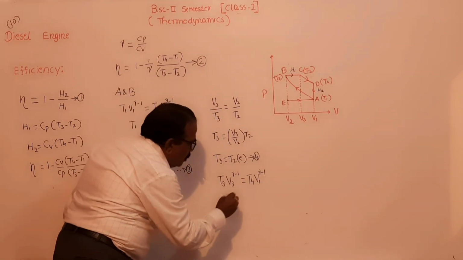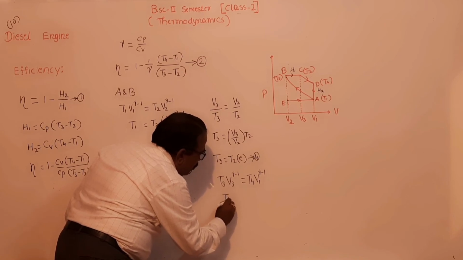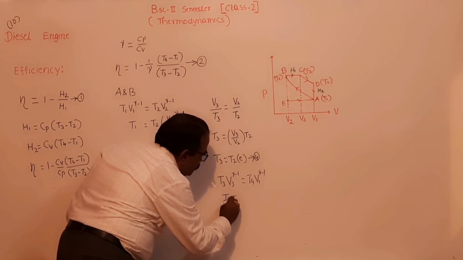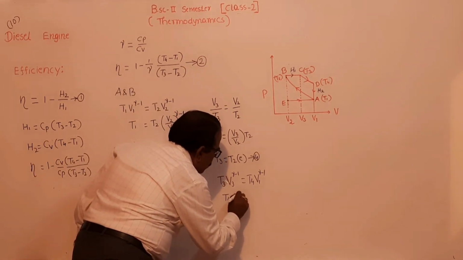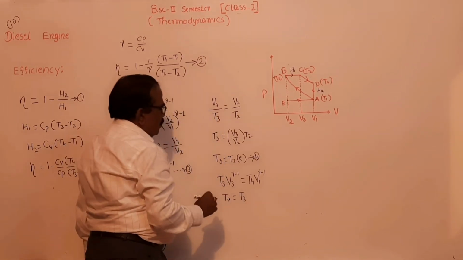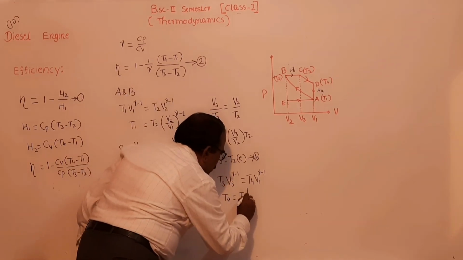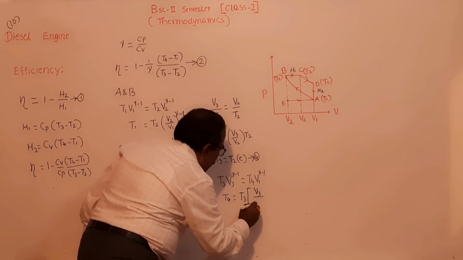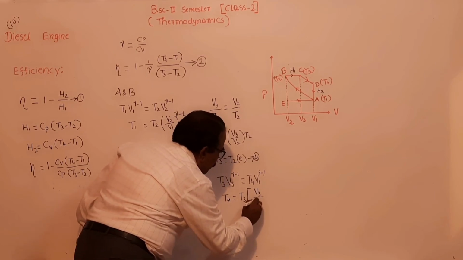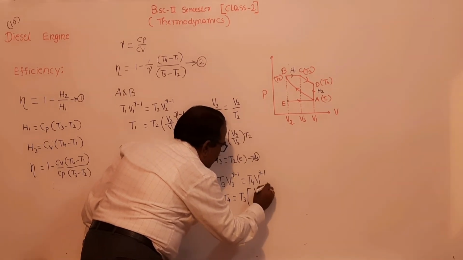Then what is this T4 here? T4 is equal to T3 into V3 by V1 to the nu minus 1.